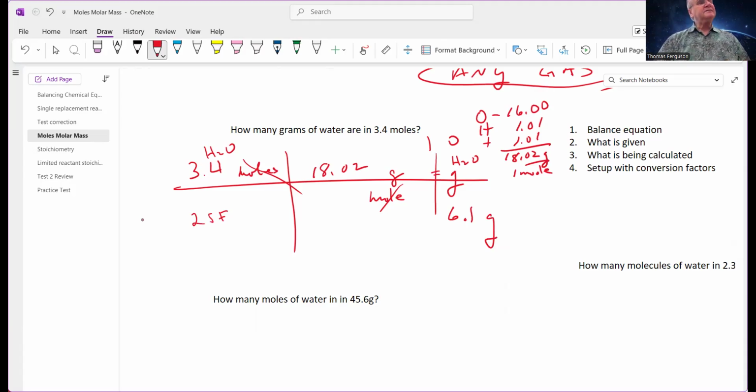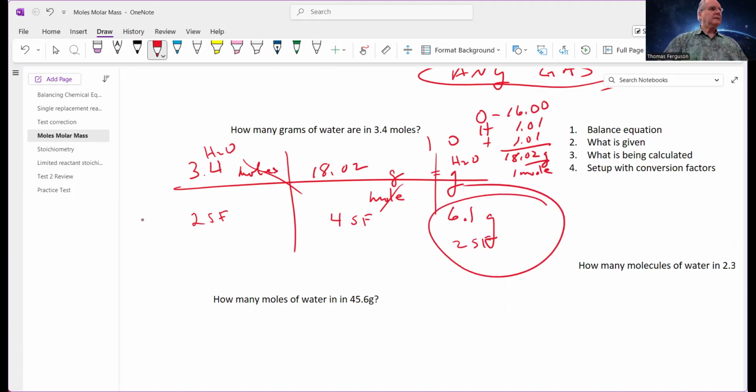Now, with molar mass, it's not infinite. It's a measured quantity. So our answer is going to have 2 sig figs. This should look blindingly similar to unit 1.